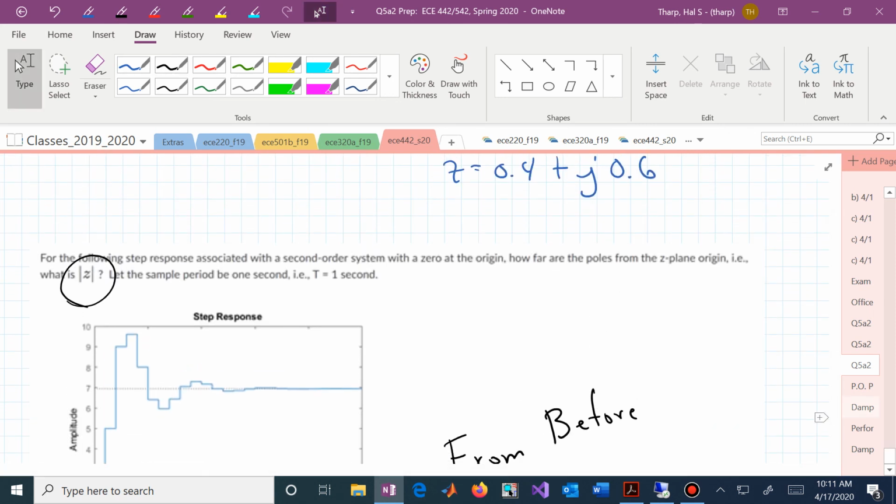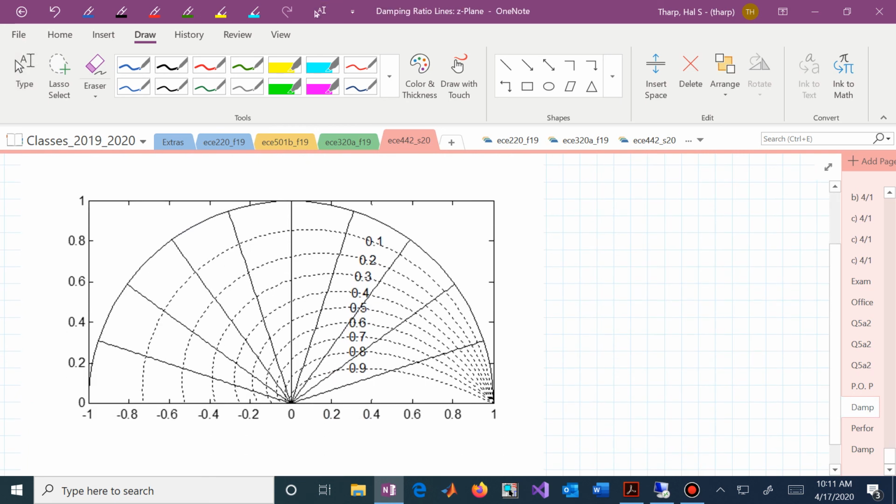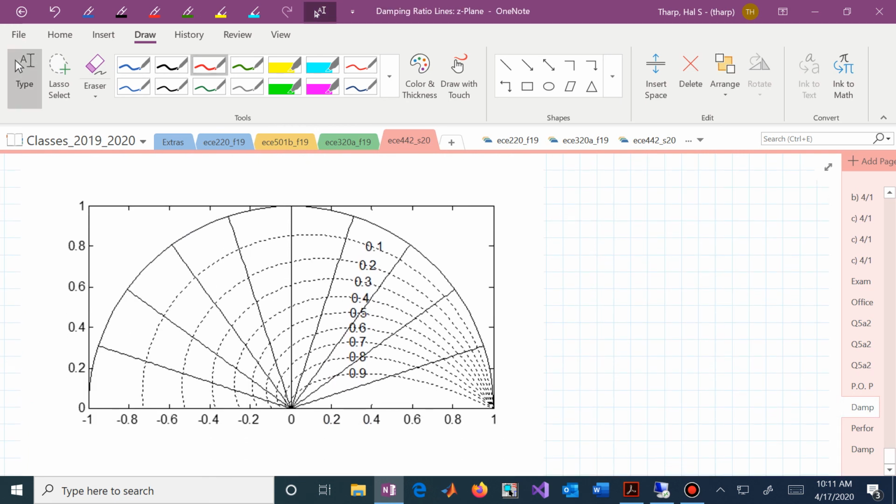If we went back to this particular plot, and I've already erased what I had, but here we had a 0.4 and a 0.6, if I'm remembering my problem properly. You could now calculate using the Pythagorean theorem to find what that hypotenuse is.